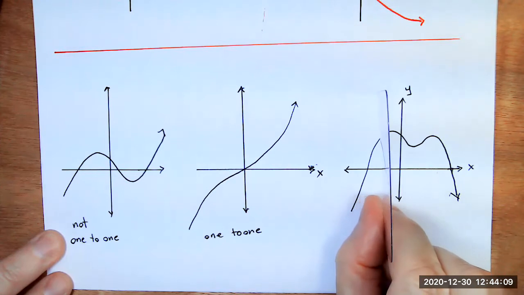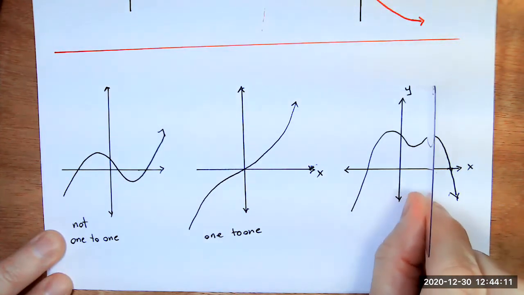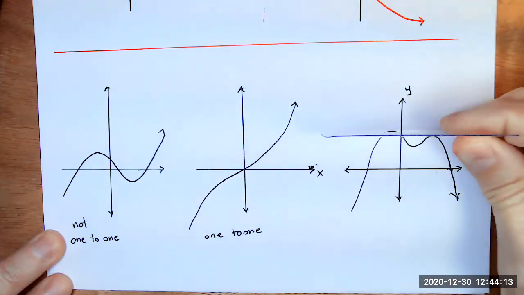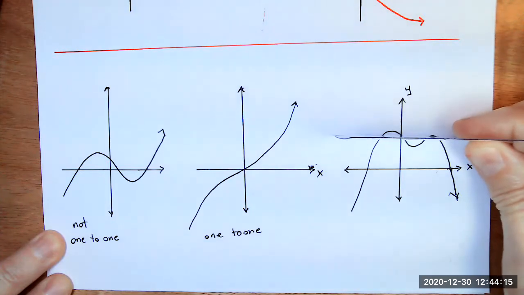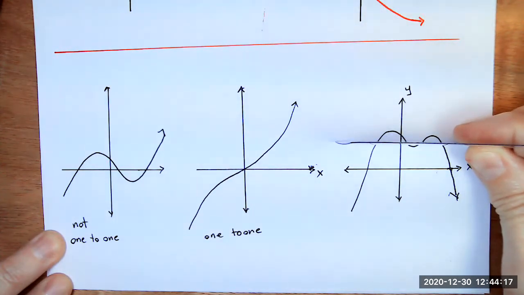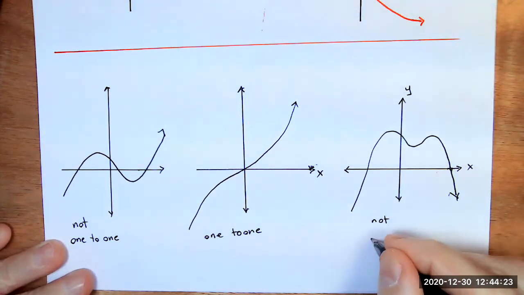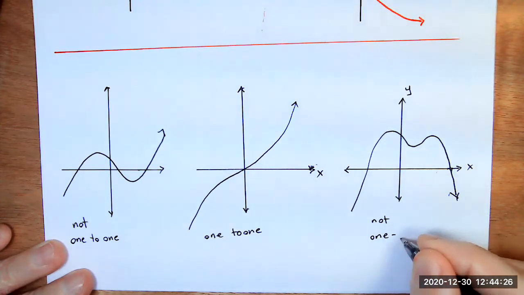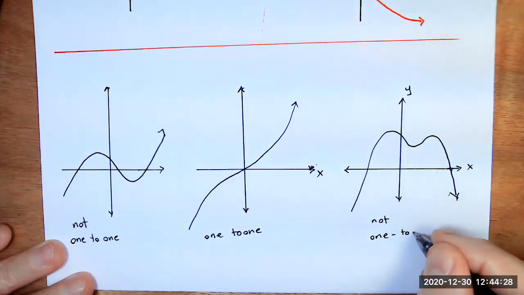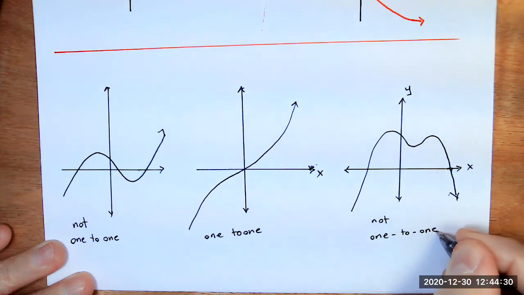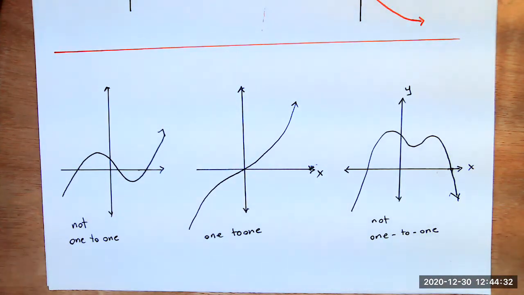This is a function because it passes the vertical line test, but it is not a one-to-one function because it does not pass the horizontal line test. So it does not have an inverse for all of x. You would have to restrict the domain for the inverse to be a function.